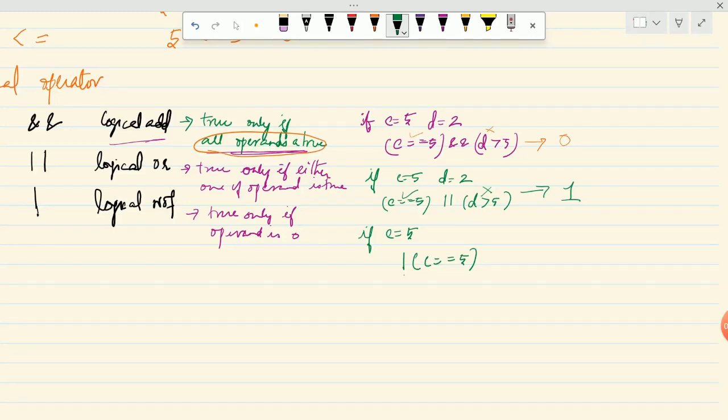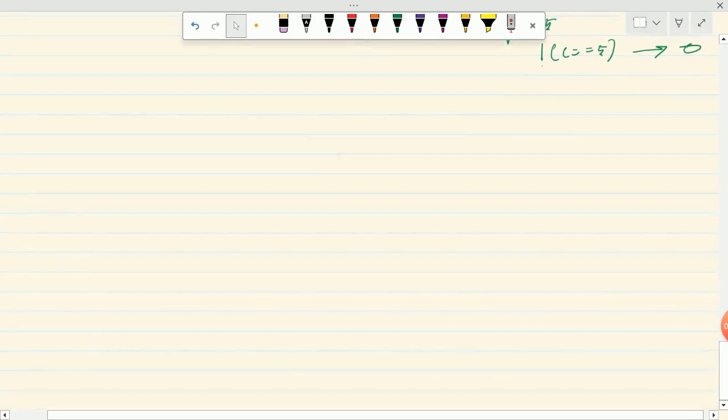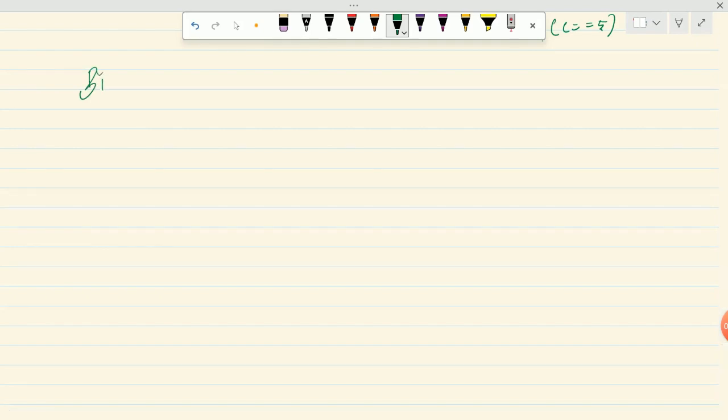C is equal to 5, so the NOT of it is false, so this answer will be 0. Okay, so this is the logical operator. And next is the bitwise operator.